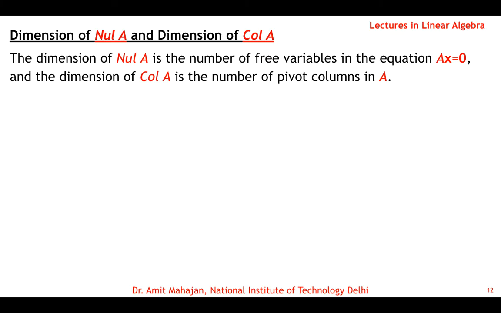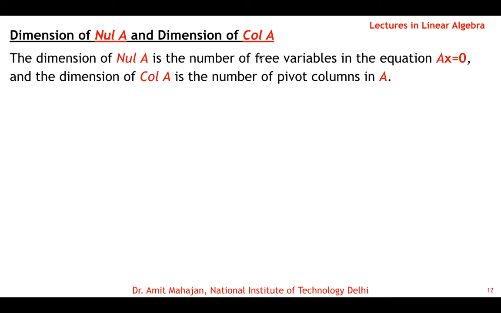Now what will be the dimension of null space A and the dimension of column space A? As we said, in the basis of null space A, the vectors come from the homogeneous solution, and we have seen that we get as many vectors as the number of free variables in the equivalent form. So the dimension of null space A is the number of free variables in the equation Ax equal to 0.